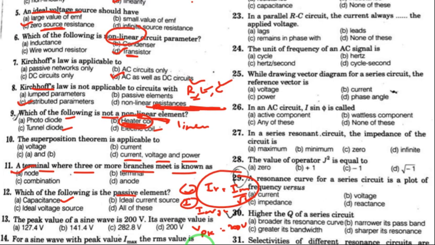So the peak value of the sine wave is 200, and its average value is I average equals 0.707 into 200. How much? 141.4 you will get. So this is the correct answer.